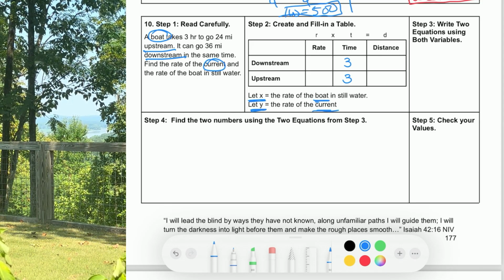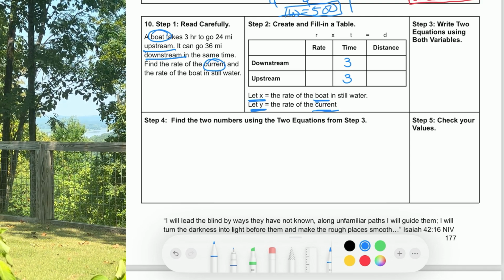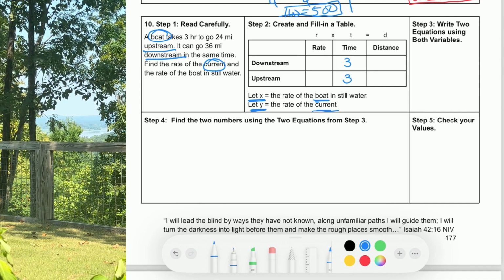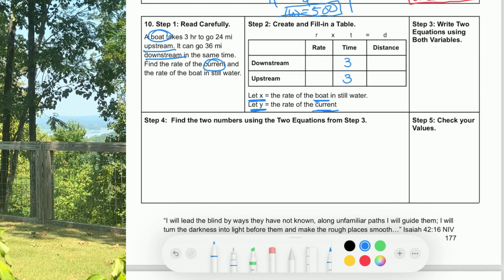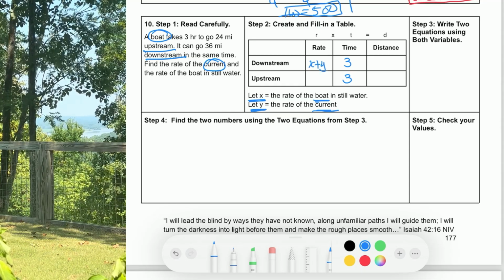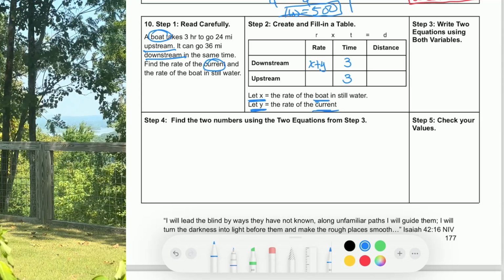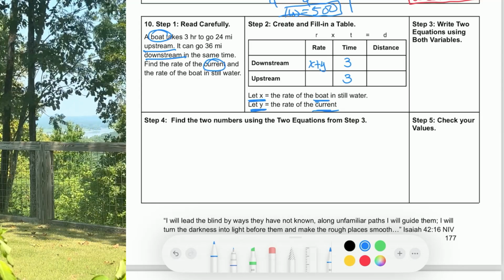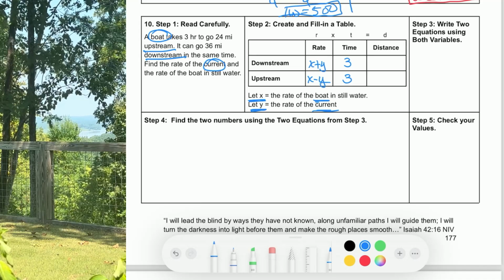And we have to demonstrate both of those when we write out our rate box here. So if it's going downstream, it's going with the stream. The boat's going to be speeding up. It's going to be going faster because the stream is helping it. So I'm going to have X plus Y. When it's going upstream, it's going against the stream. So the stream is going to be slowing the boat down. So I'm going to have X minus Y.